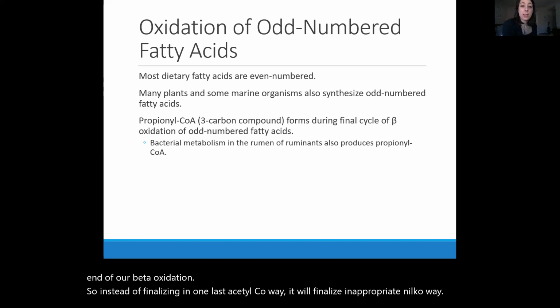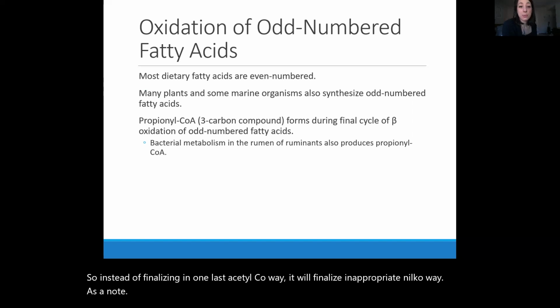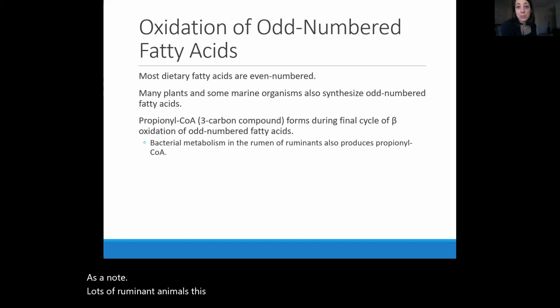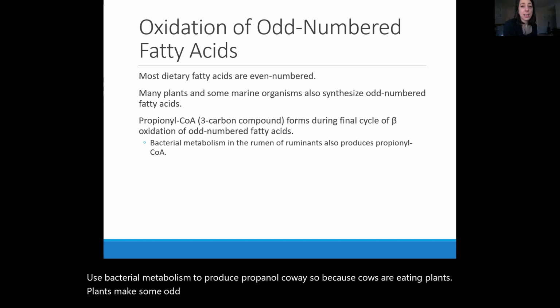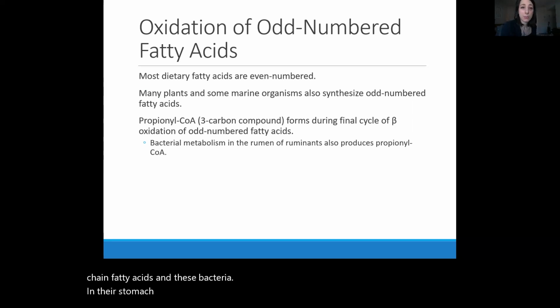As a note, lots of ruminant animals, like cows, for example, use bacterial metabolism to produce propionyl CoA. Because cows are eating plants, and plants make some odd chain fatty acids, those cows need to break down those odd chain fatty acids, and they use bacteria in their stomach to help break it down.